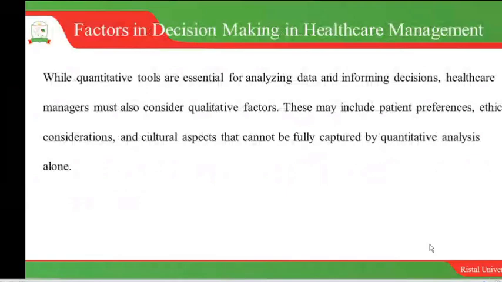We are going to be discussing factors in decision making in healthcare management. We are saying while quantitative tools are very essential to help us analyze data and information, healthcare managers need also to consider what we call qualitative factors. Remember, we have talked about quantitative factors, those that are statistical in nature, and qualitative factors that are crucial in terms of decisions include patient preferences.